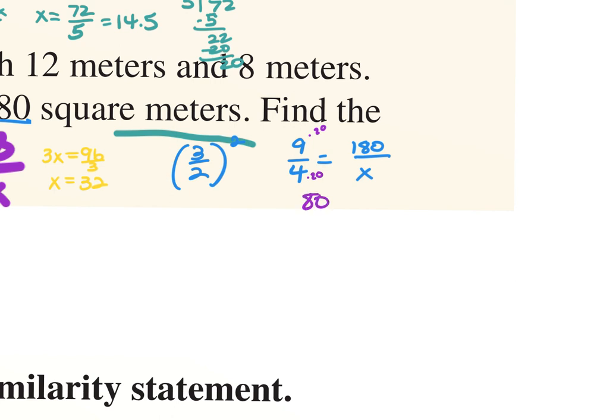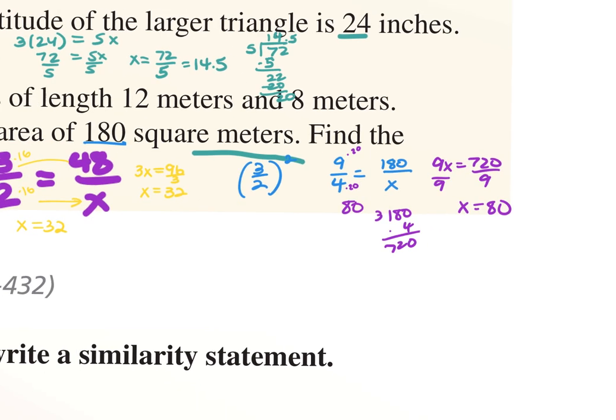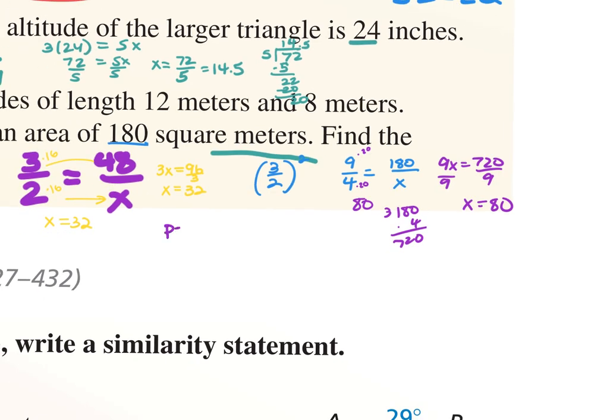Or I can cross multiply. 9x would equal 180 times 4, 720, and then divide by 9. And x is 80. So the perimeter is 32 meters, and the area would be 80 meters squared.